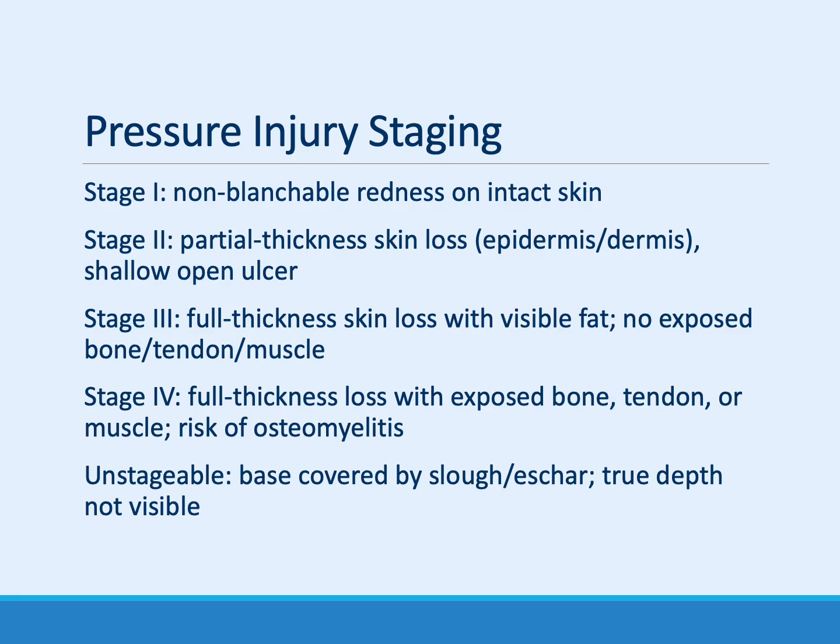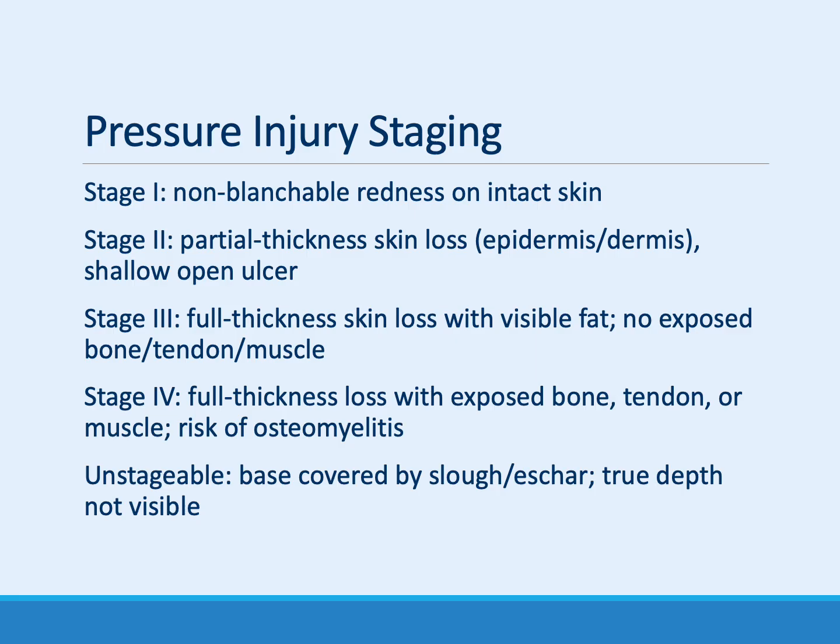Stage 4 is our full thickness skin and tissue loss with exposed bone. So stage 3 and stage 4 are both full thickness, it's just what extent of the tissue that we invade down into. Stage 4 we see exposed bone, tendon, or muscle. An unstageable injury is one where the base is covered by slough or eschar, and so you can't determine the true depth.